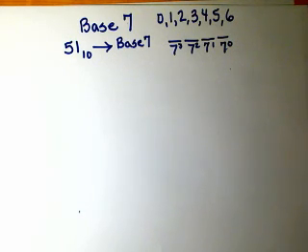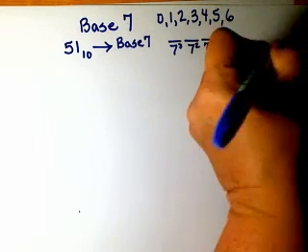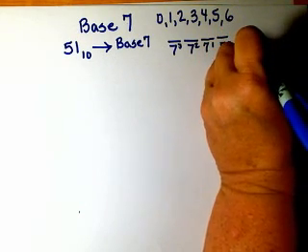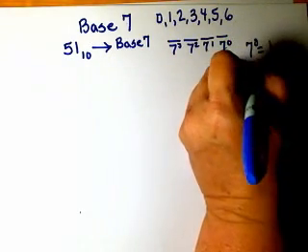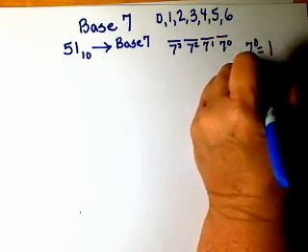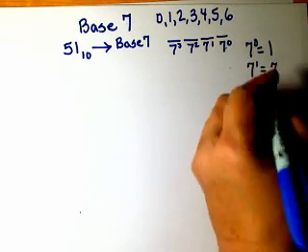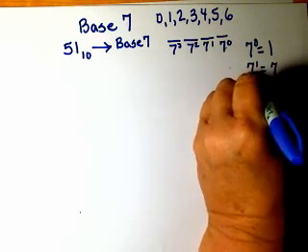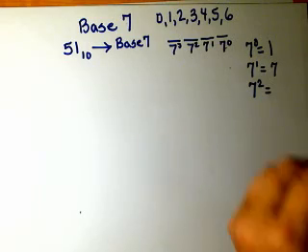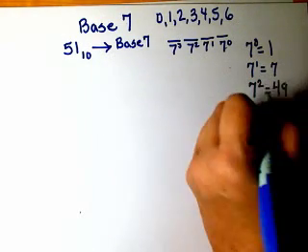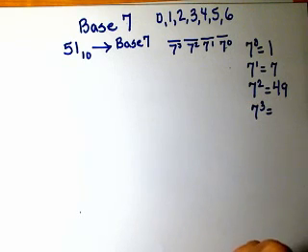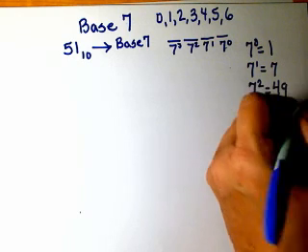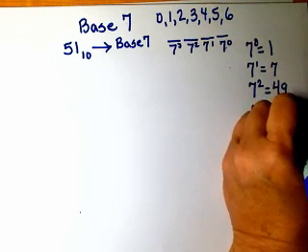My powers of 7: 7 to the 0 power is always 1, since anything to the 0 is 1. 7 to the first power is just 7. 7 to the second power is 7 times 7, or 49. 7 to the third power is 7 times 7 times 7, or 49 times 7, which is 343.